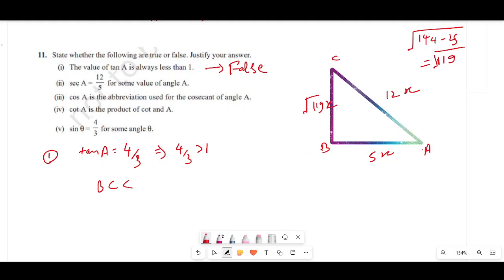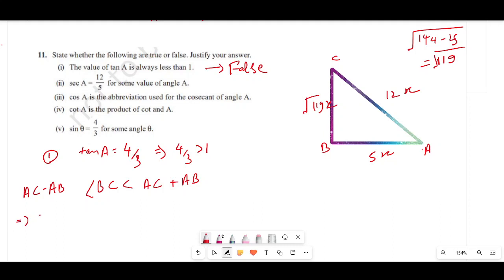Clear? AC plus AB and greater than AC minus AB. If you observe that, then what will you get?